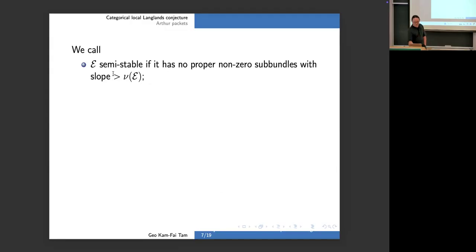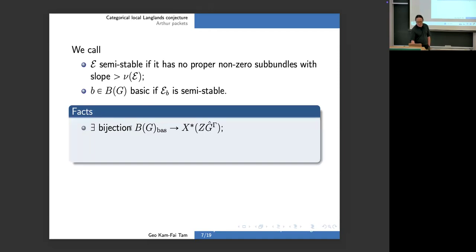Remember, this is ordered, so we can talk about a subbundle that is greater than nu of E. Being semi-stable means there's no proper non-zero subbundles with slope greater than this Newton polygon of E. And a G-isocrystal is basic if the corresponding bundle is semi-stable. So we will mostly look at basic G-isocrystals.